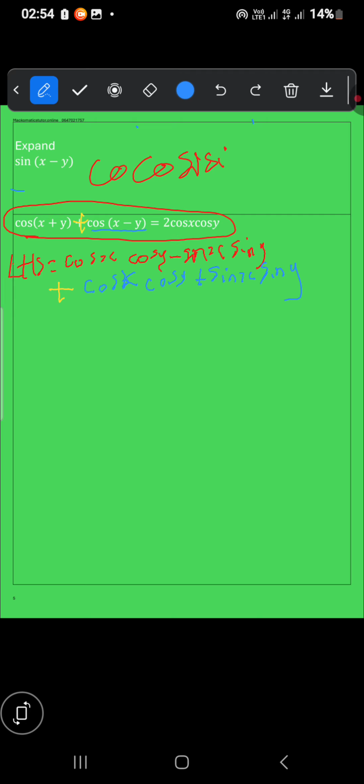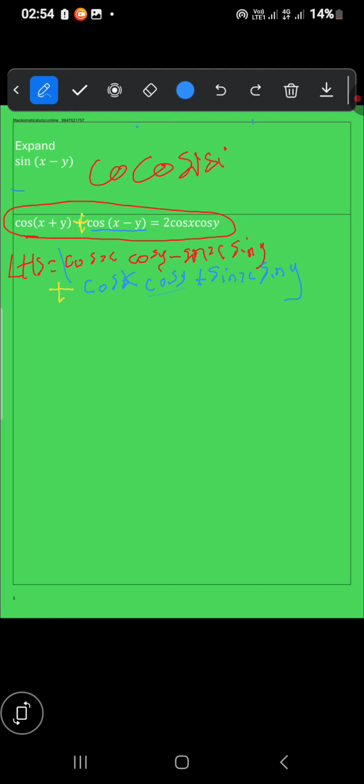So they subtract each other, the two of them. Then this is positive cos x cos y. This is positive cos x cos y. So these two, they add one another. This is 1 cos x cos y plus 1 cos x cos y.